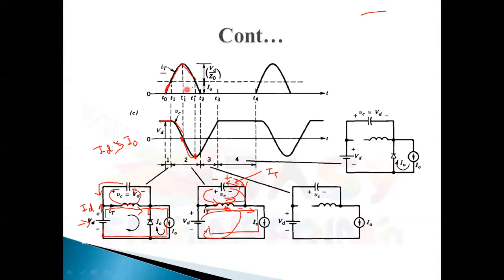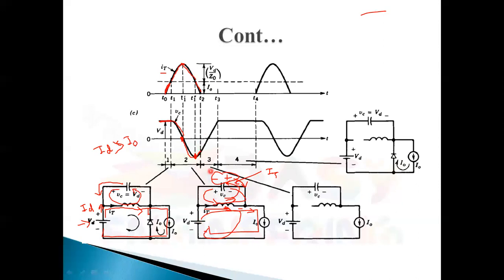That's why this current gradually comes to zero, and the capacitor voltage VC, which has negative polarity, will start decreasing, because it discharges its energy to cancel out the IT current.